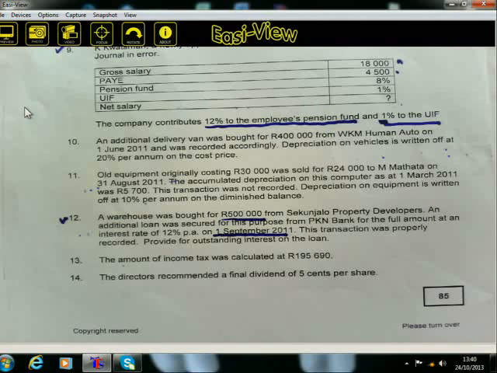So 700 subtract 500, let's see, 700 minus 500. We are left with 200,000. Let me do the calculation on my spare paper.